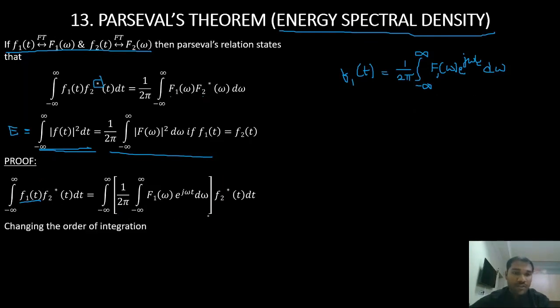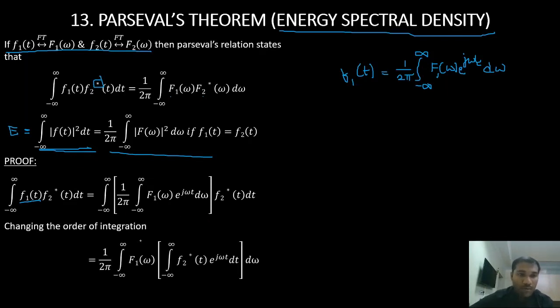Then we'll change the order of integration. 1 by 2 pi is a constant, I can take it outside, then integral from minus infinity to infinity of F1 of omega, and then integral from minus infinity to infinity of f2 star of t e power j omega t dt, and this d omega I have separately. Now what is this here?